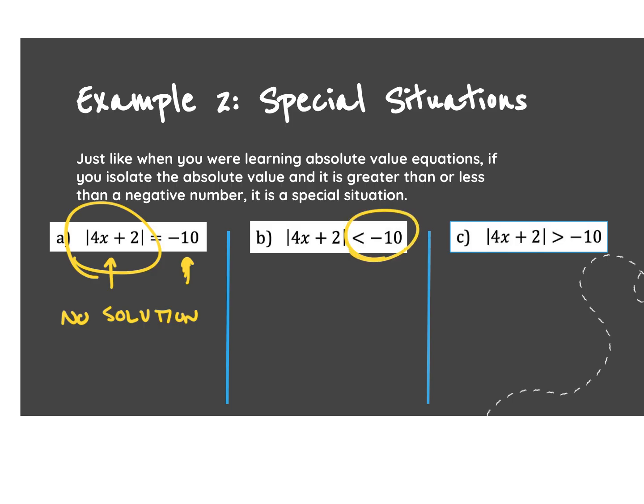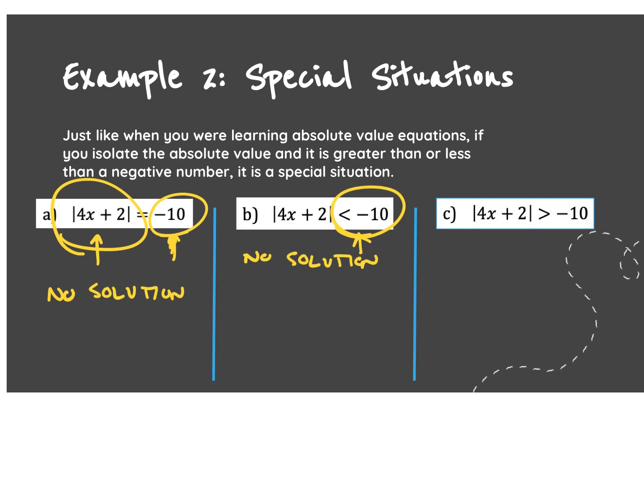Similarly, less than or equal to negative 10. Again, that's going to be no solution. The reason behind that is, just like it can't equal a negative number, I certainly can't be smaller than that negative number. Okay? If I can't equal that negative number, I certainly can't be smaller than that negative number.